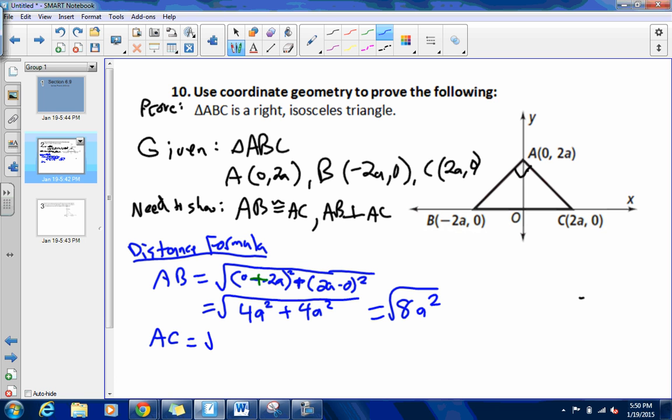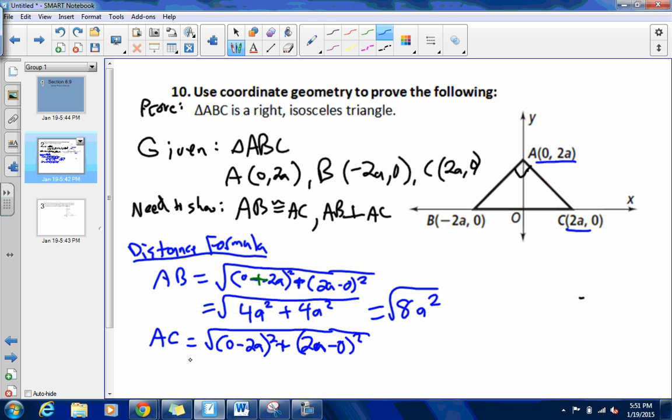AC equals, so this time we're going to use A and C. The square root of, we're going to go a minus 2a squared, plus we're going to go 2a minus 0 squared.